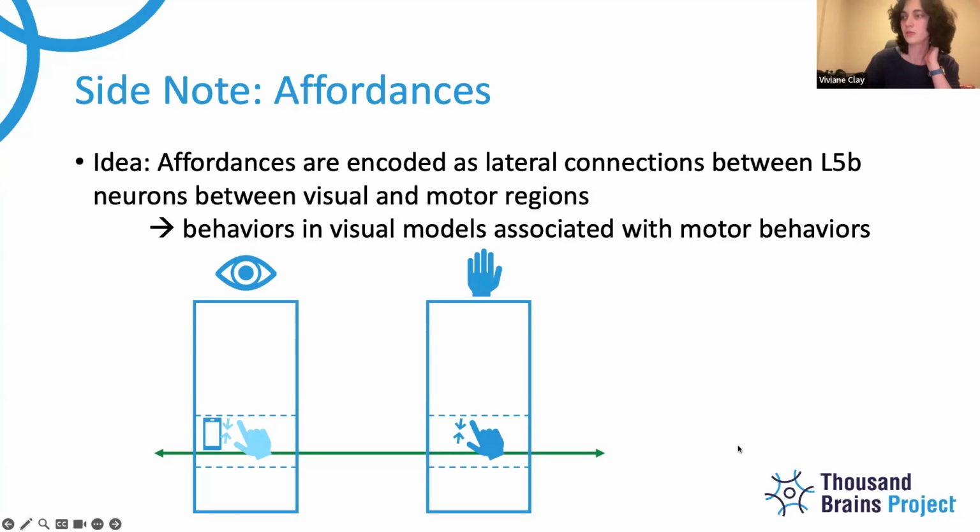The vision model doesn't know how the hand works and how the hand grasps a cup, but it knows how this behavior looks. It knows how the hand looks when it grasps, and it can recognize that behavior.